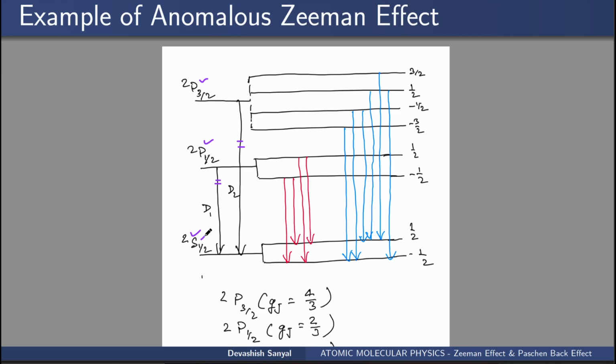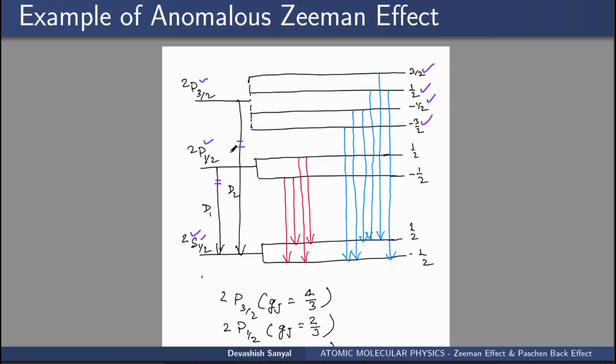Now when the magnetic field is switched on, the energy level is shifted corresponding to the value of m_j. These are the z components of m_j: 3/2, 1/2, minus 1/2, and minus 3/2.